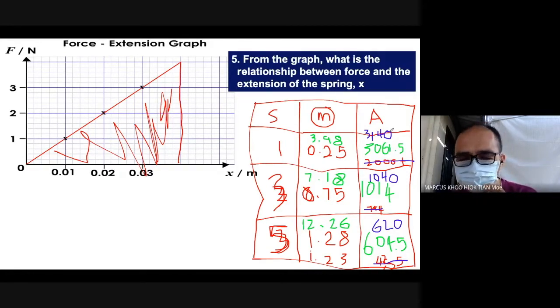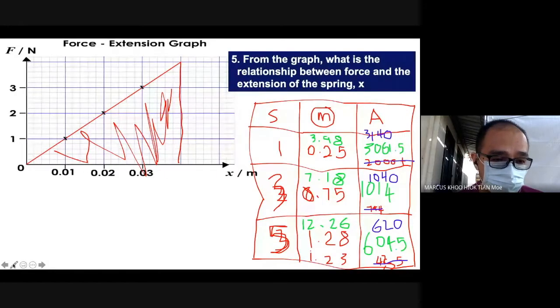But this is the second thing I want you to notice. When the stiffness increases, the area under the graph decreases. This brings two very important things that I want to point out today. The first thing is when the stiffness increases, the gradient also increases.